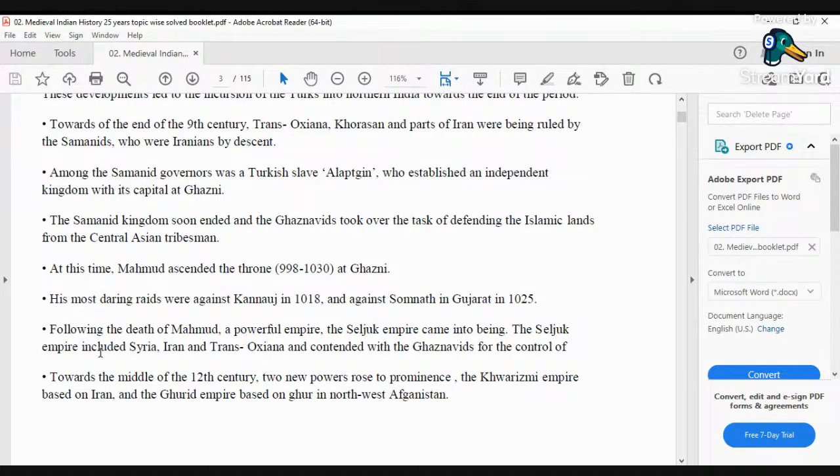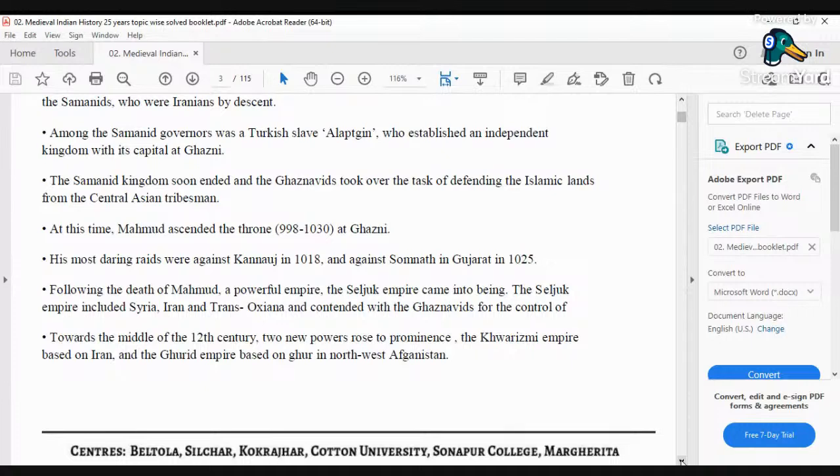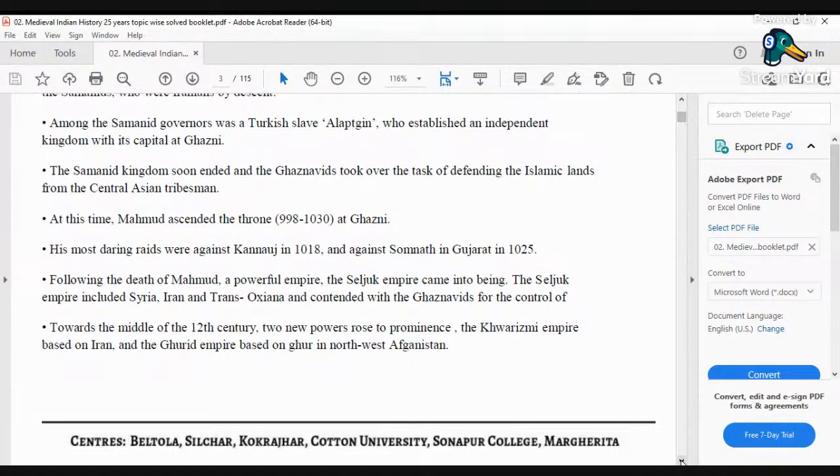Following the death of Mahmud, a powerful empire, the Seljuk Empire, came into being. We don't have to know much about the Seljuks because that's not a part of the syllabus. He stopped invading India after 1025, mainly because he got busy handling the growing power of the Seljuk Empire, a threat to his own kingdom, which kept him away from India.